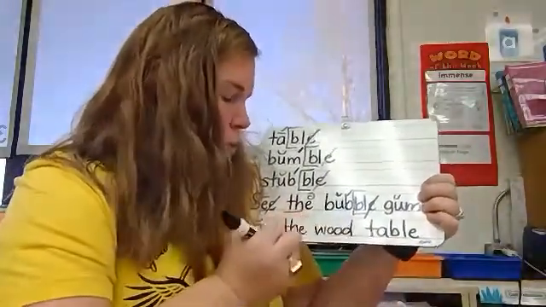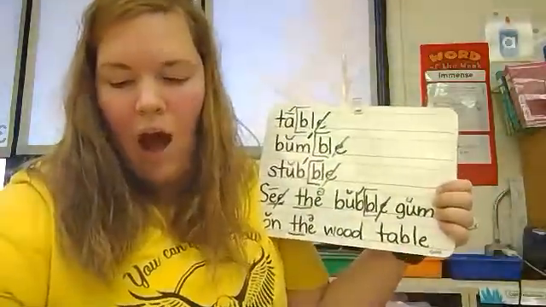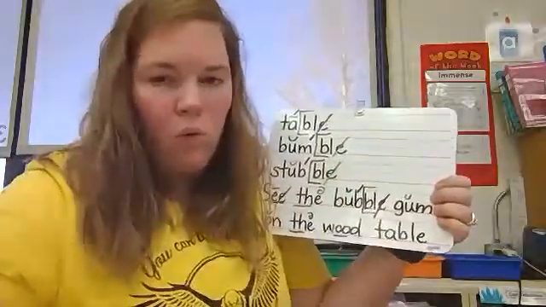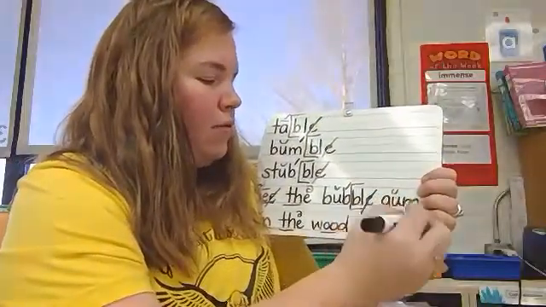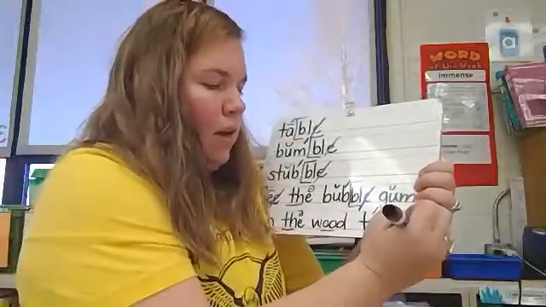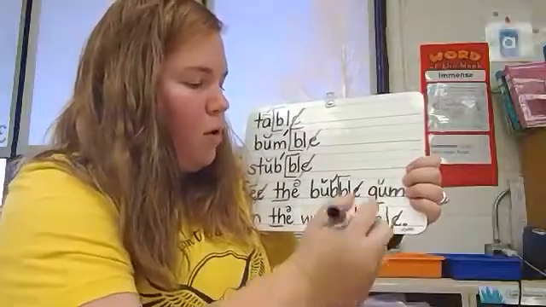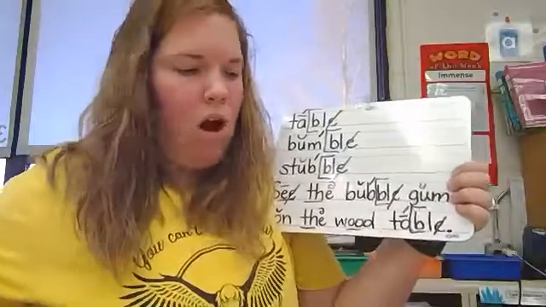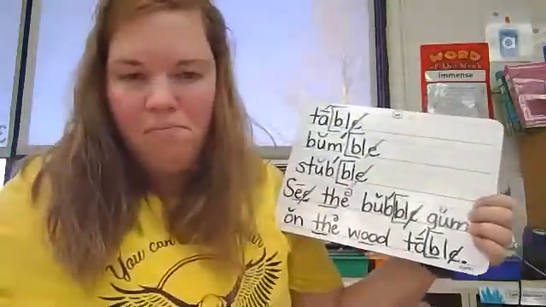The, we code again with digraph TH and the schwa above the E. There is digraph OO in wood. And table has final stable syllable, BLE: bracket, cross out the final E, accent mark. There is no consonant before the bracket, so the A is long. It needs a macron. See the bubble gum on the wood table.